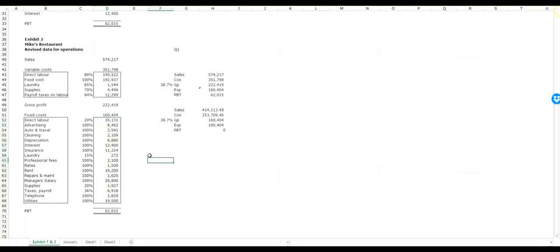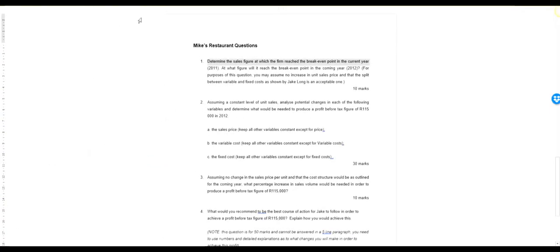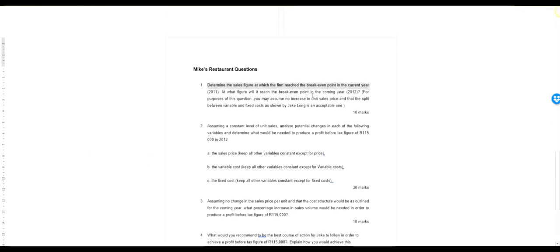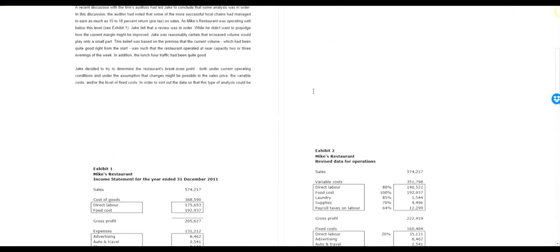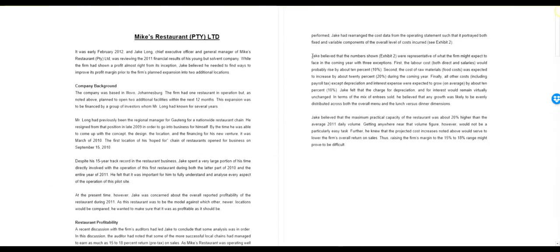So we need to do some forecasting, and in order to forecast we have to go and get some information from the case, and the information we need is in the second last paragraph, and specifically we see here that the labor costs would probably rise by 10%.